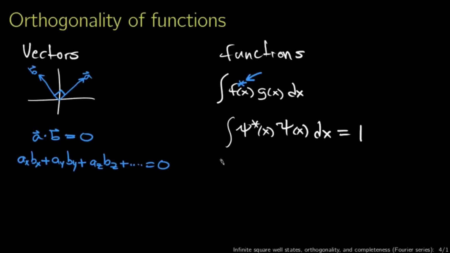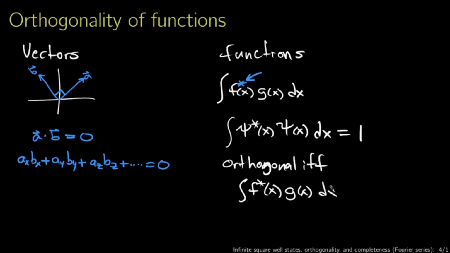And we say functions are orthogonal if and only if the integral over the domain of the functions now, which I'm leaving off, there are limits on this integral, but I'm leaving them off, f star of x, g of x, dx is equal to 0.